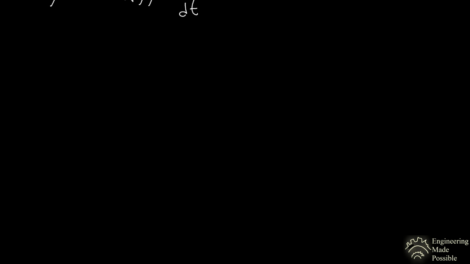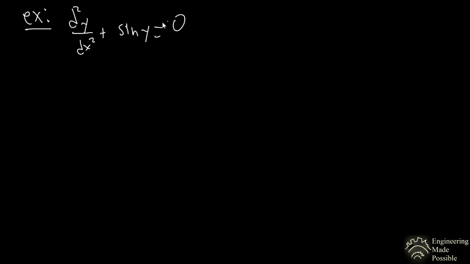Let's go with a few more examples of linear and nonlinear. Let's say another example here: the second derivative of y with respect to x plus sine y is equal to 0. Now, since there is sine y, this would be nonlinear.